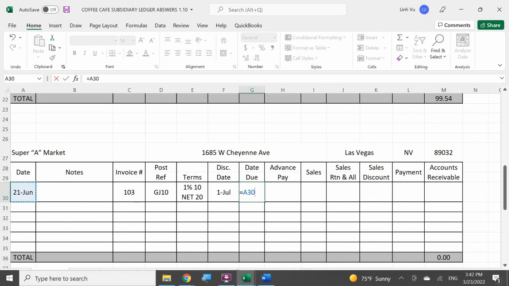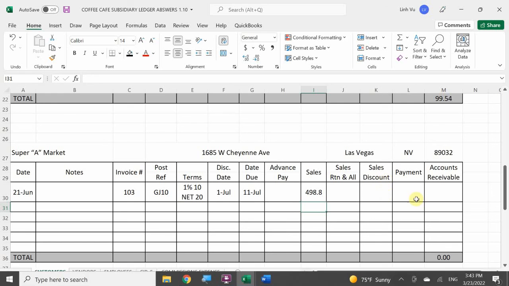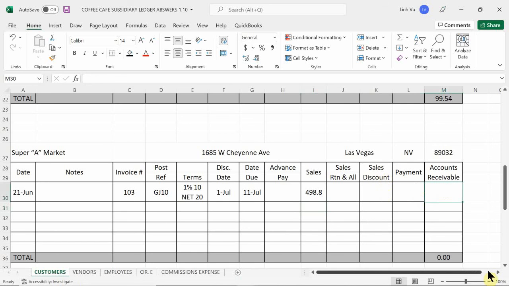When is the actual bill due? $11. Okay. No advance payments. The total amount of sales was $498.80. So in this case, let's practice the formula.